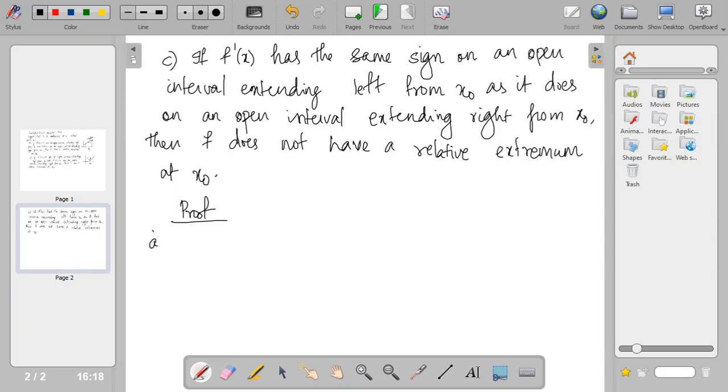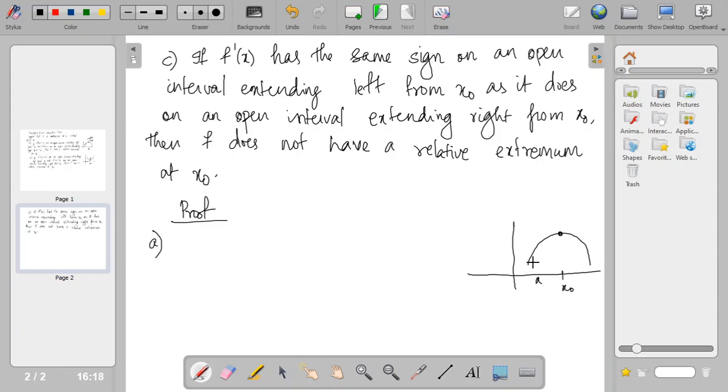The first part of the first derivative test is for a maximum. So suppose this is the maximum point x0.